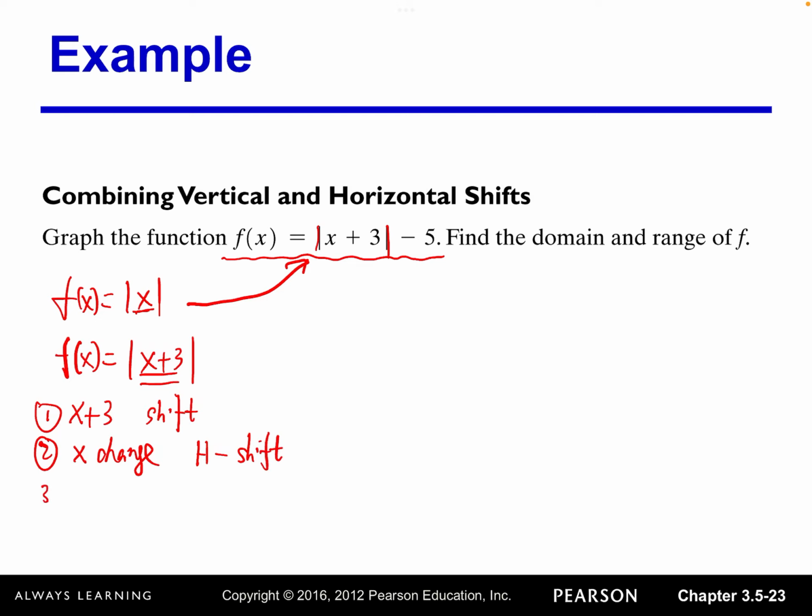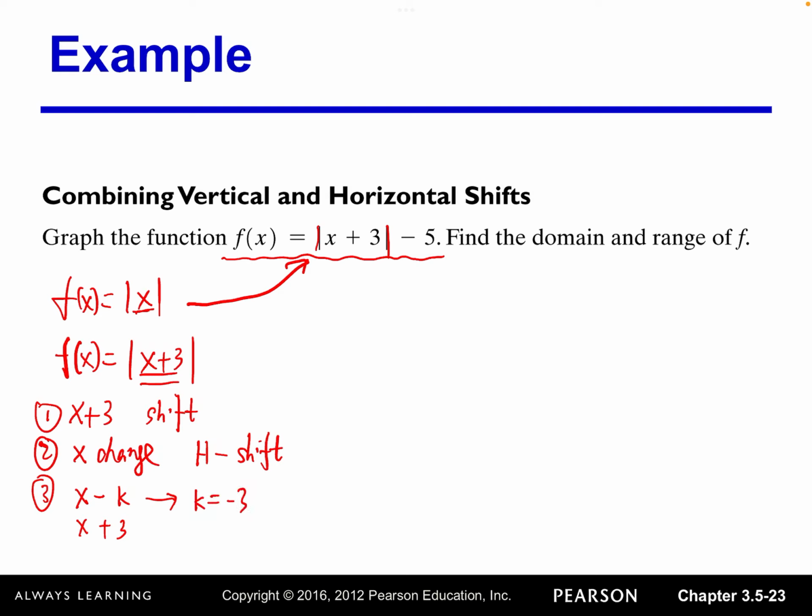And then next, for a horizontal shift, there are two directions, either left or right. So which one is that? We have to write it as x minus k, right? In our case, x plus 3. So we have to change to x minus negative 3 in this case, right? Therefore, we derive that k must equal negative 3.